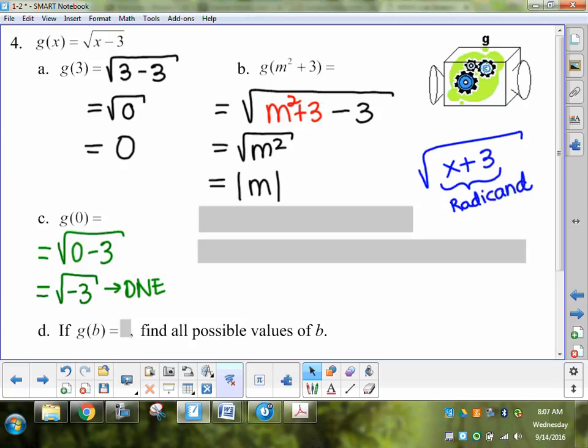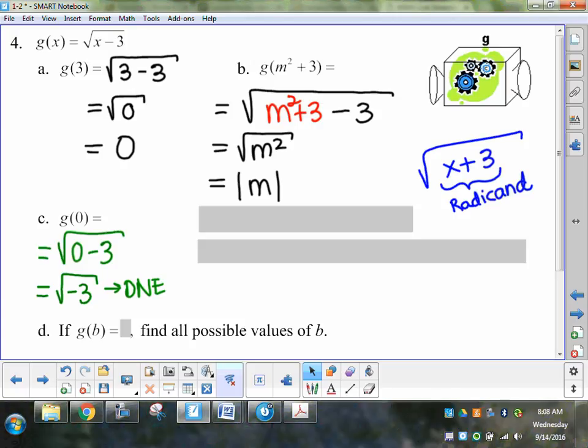So then what's 0 minus the 3? Because that's how we define the g of x. Yeah, it's the same throughout. Does not exist.